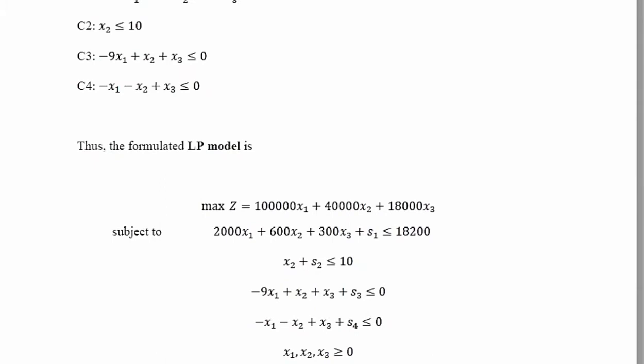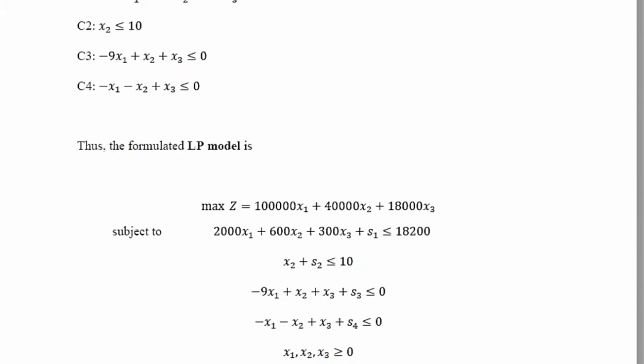So for the third and fourth constraints, we have simplified them. The third constraint's new equation is negative 9X1 plus X2 plus X3 is less than or equal to 0. And for the fourth constraint, negative X1 minus X2 plus X3 is less than or equal to 0. So we have 4 constraints overall.